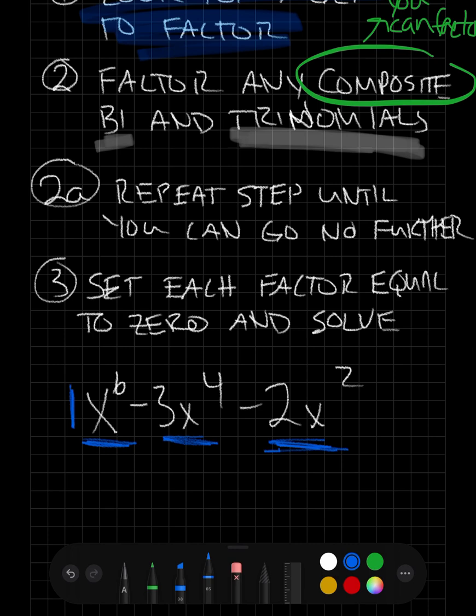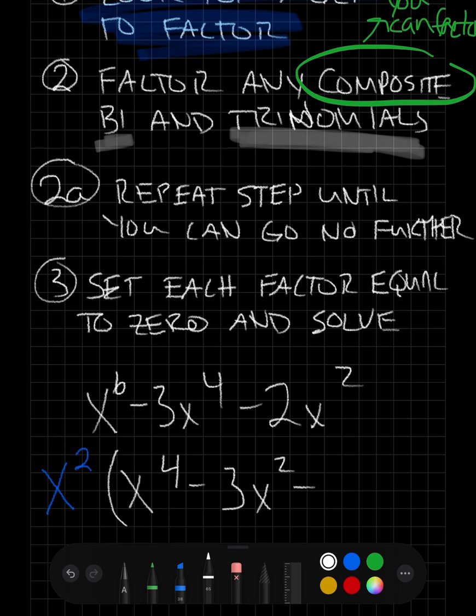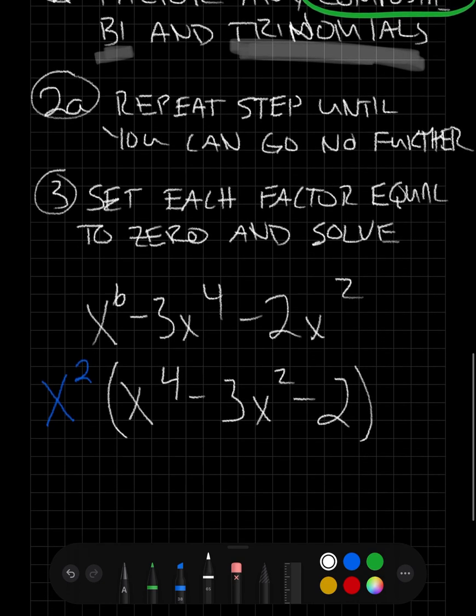And in coefficients, there's an invisible 1 here, and then I have this coefficient of -3 and 2. So there's nothing in common when it comes to the coefficients, except for 1. Isn't that important? But there is that x squared. So I'm going to factor out the x squared. That is our GCF here. And what remains is x to the 4th minus 3x squared plus 2.